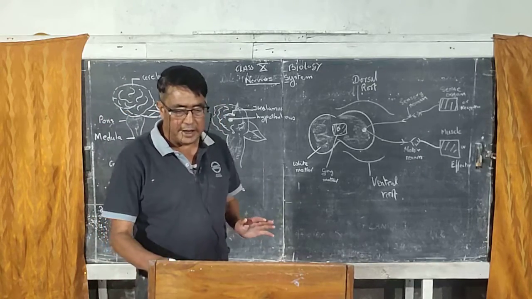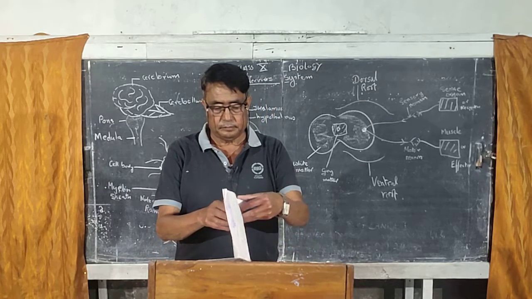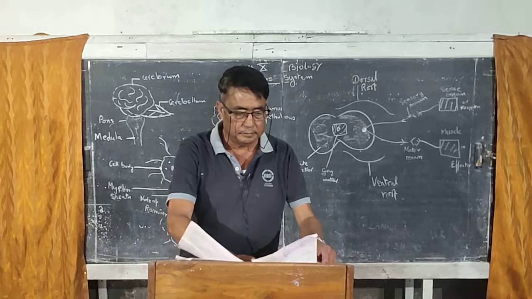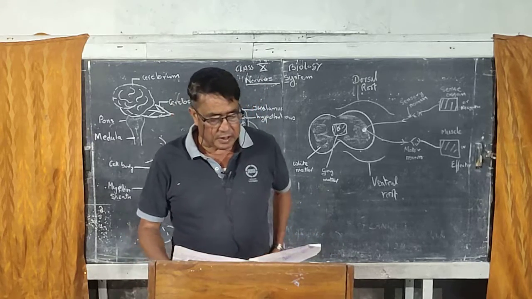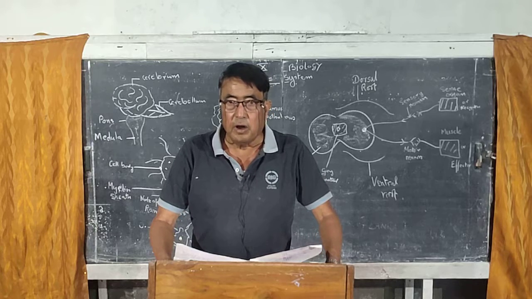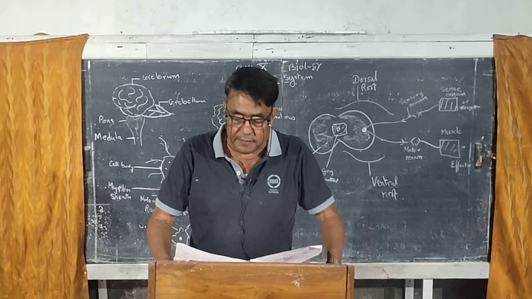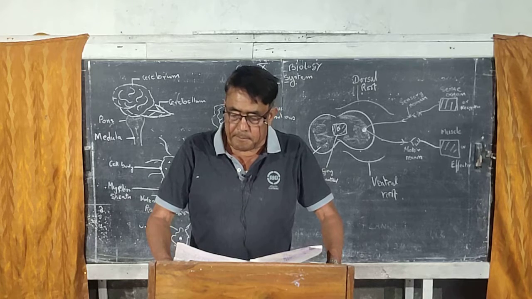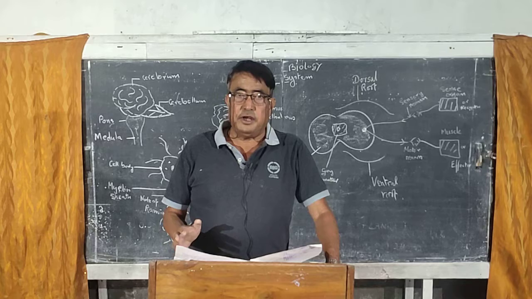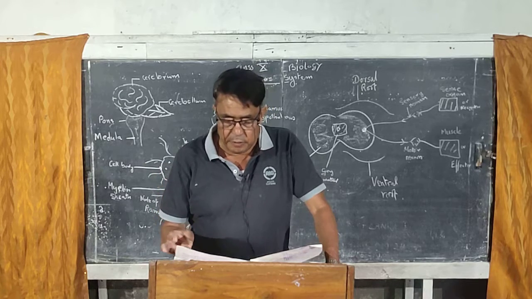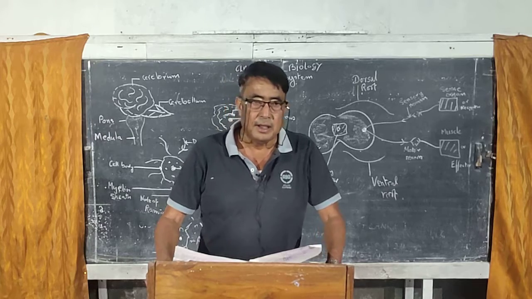Now to come to the next point. Once again, the neuron is the structural and functional unit of the nervous system. There are three types of neurons: sensory neuron, motor neuron, and association neuron.